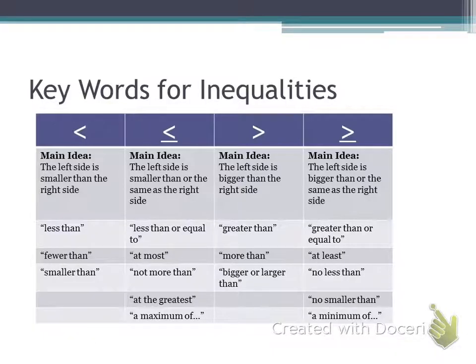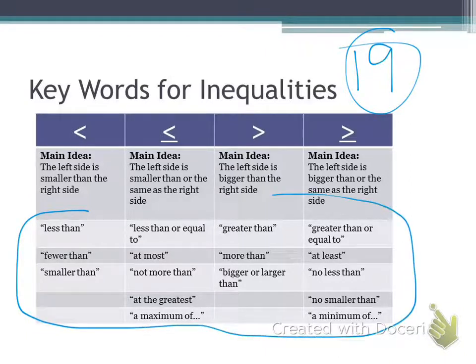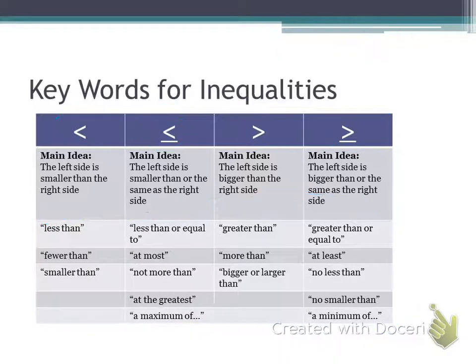Write this table down in your notebook. It would be smart to write it down on page 19. These are the key words that, when you see them, tell you what symbol to use. Like right here it says at least, that means I use this symbol.